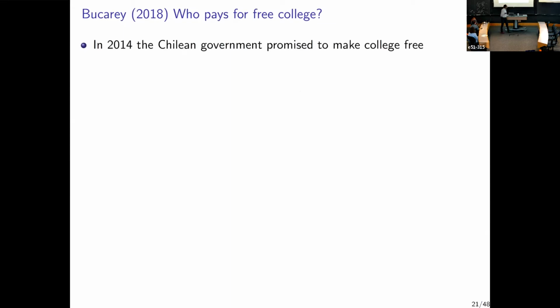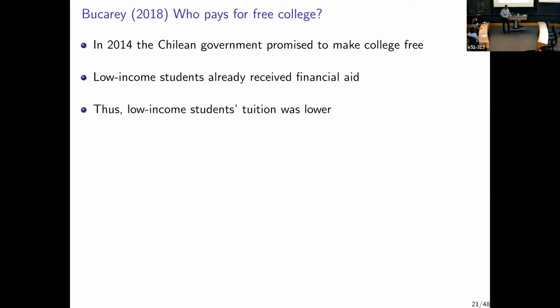In 2014, the Chilean government promised to make college free to students. That's great. But the key thing is that before that, low-income students already received some type of financial aid. So if you were a low-income student in Chile and you wanted to study in a prestigious university, you would pay a lower tuition than a rich student from a rich family.